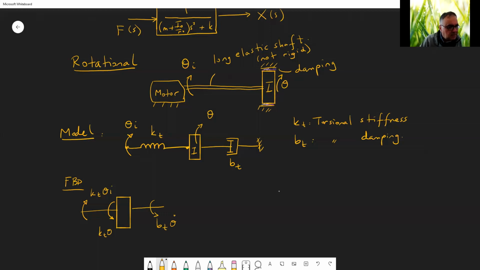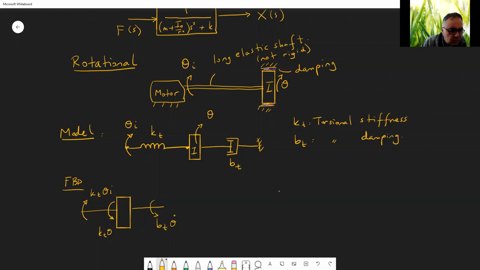The torques that are acting on the system are K t times theta I, which is the input torque because of theta I. K t times theta is the rotational torque because of theta. And B t times theta dot is the rotational torque because of theta dot.